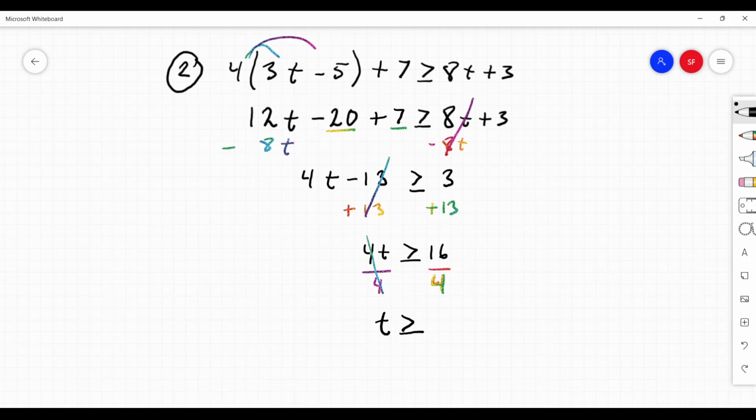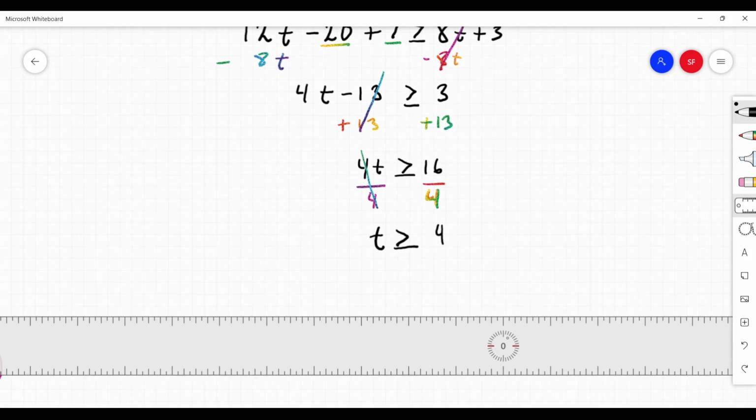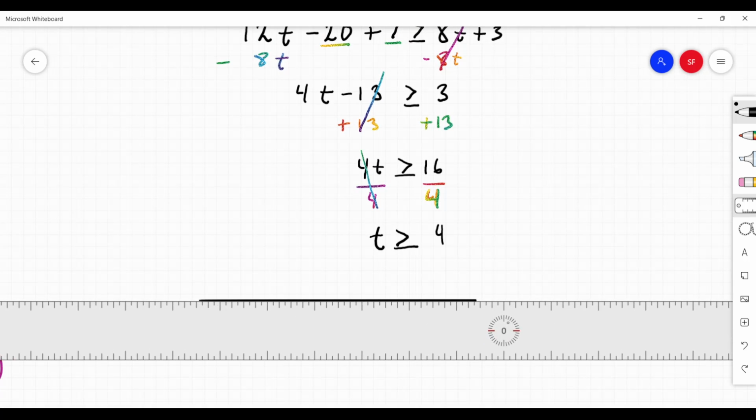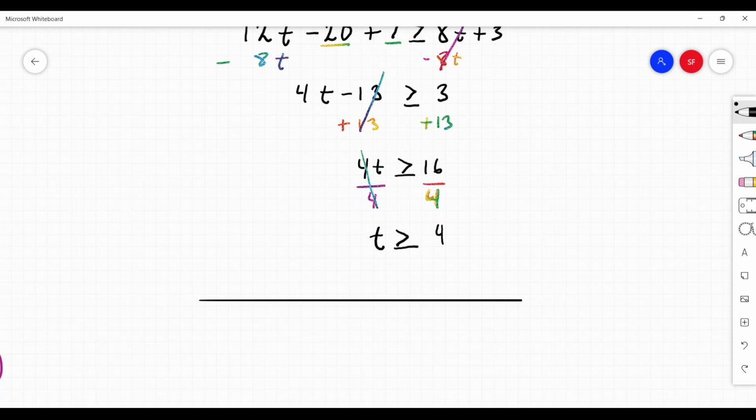What's 16 divided by 4? 4. What should we count by? Ones. Ones makes a lot of sense. Filled in circle.